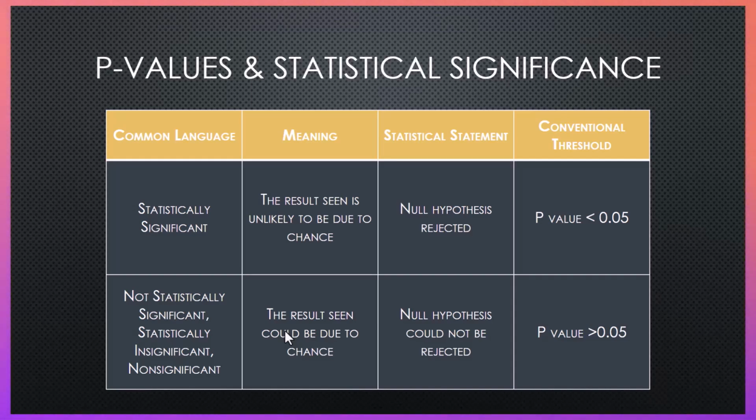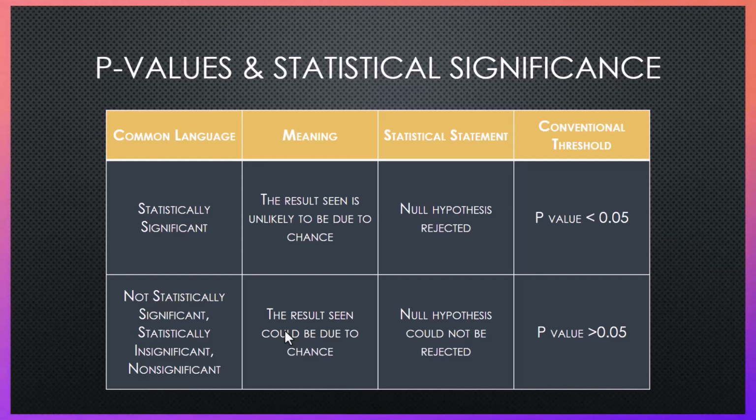This table is just a simple summary of p-values and statistical significance. The common language is statistically significant. The meaning is that the result seen is unlikely to be due to chance. Our statistical statement that goes with that is that the null hypothesis is rejected. The conventional threshold is p less than 0.05.